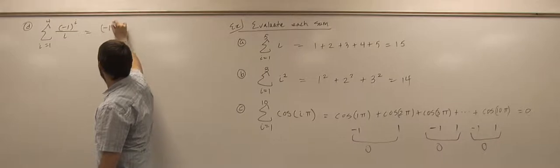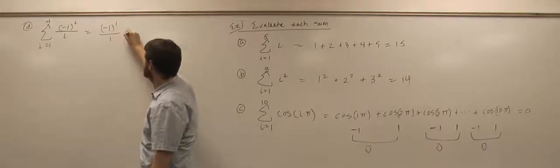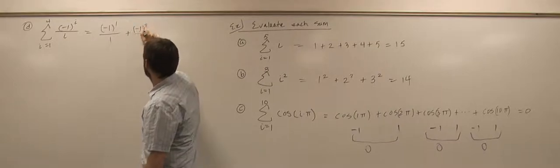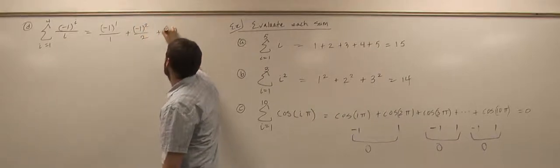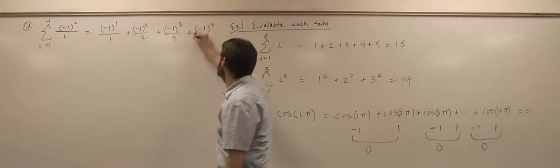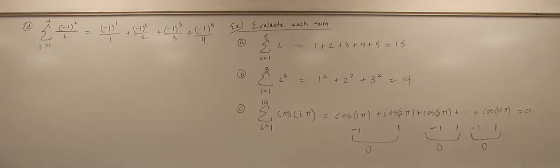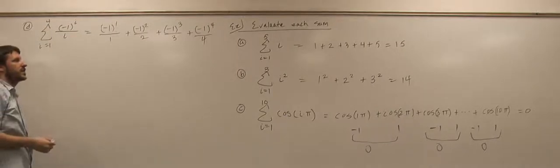Negative 1 to the 1 over 1 is your first term, plus negative 1 to the 2 over 2, plus negative 1 to the 3 over 3, plus negative 1 to the 4 over 4. And then you stop, because you reach your stopping condition.